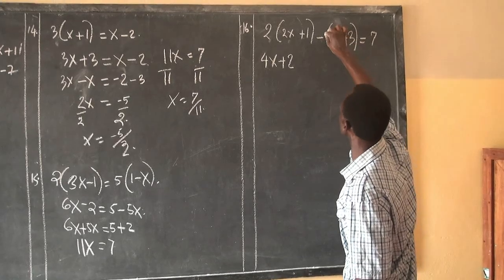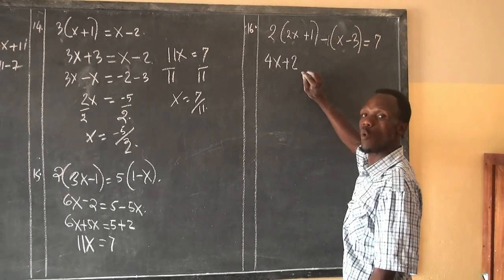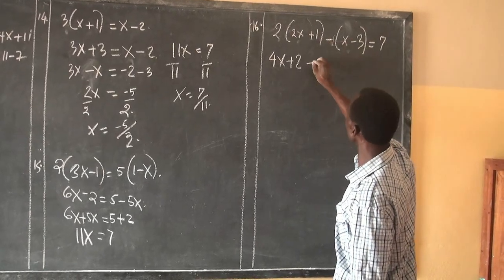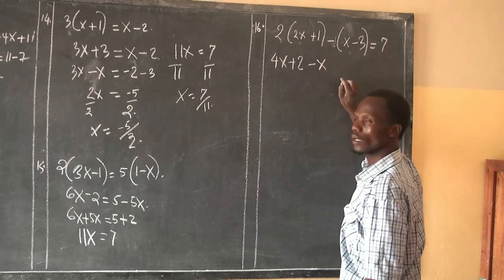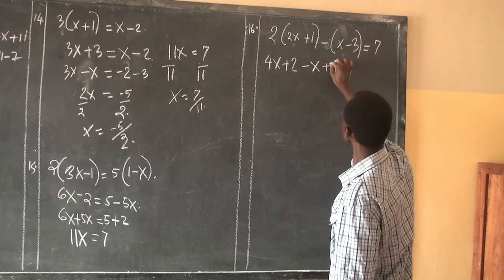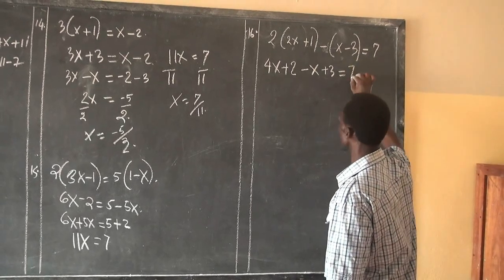This negative will affect all the terms found in the bracket. This means here there is just like a 1. Do you understand? Negative 1 times x gives negative x. Negative 1 times negative 3 gives positive 3, which is equal to 7.